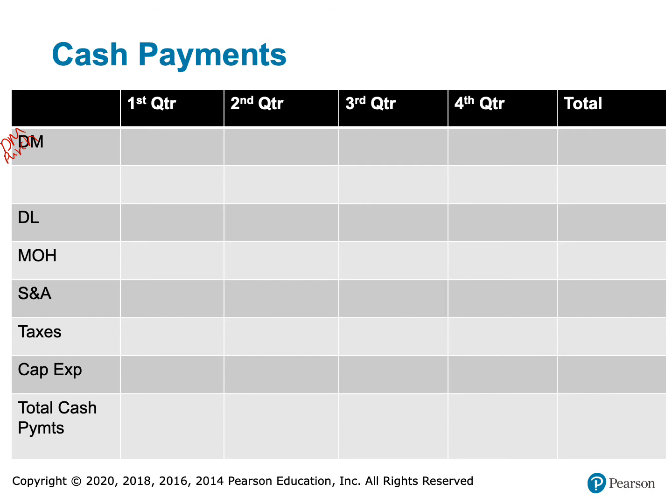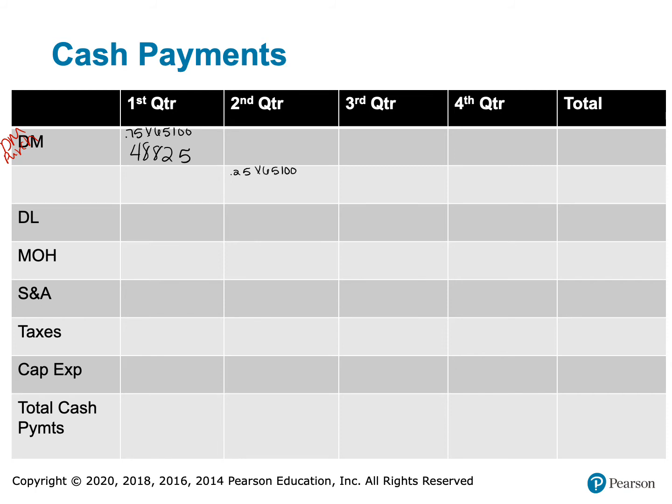So I'm going to say 75% of the 65,100 that I'm paying in quarter one. So if I've done my math correctly, that's 48,825.